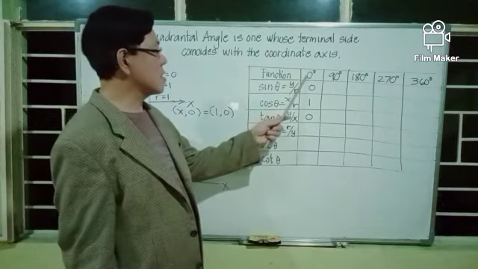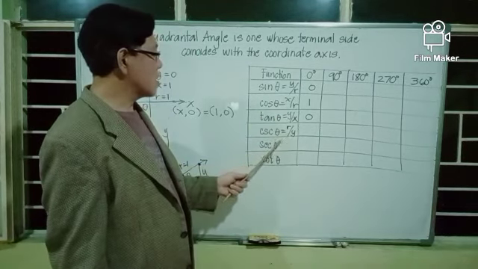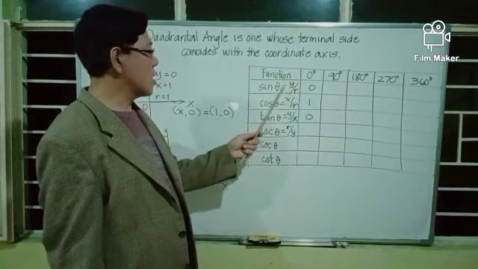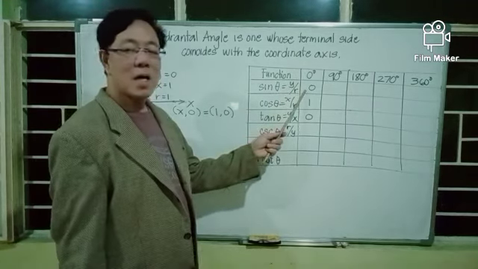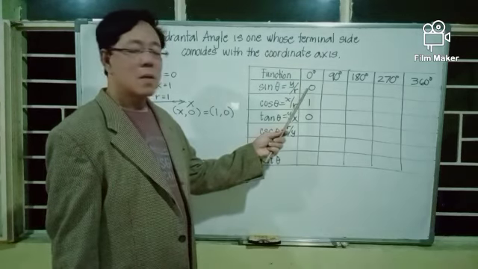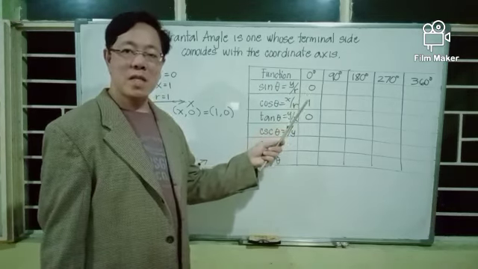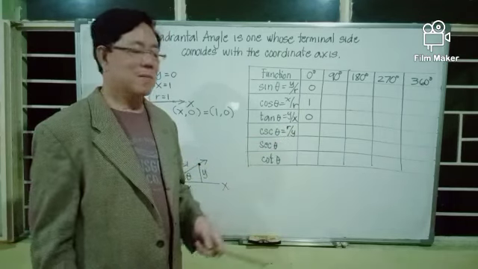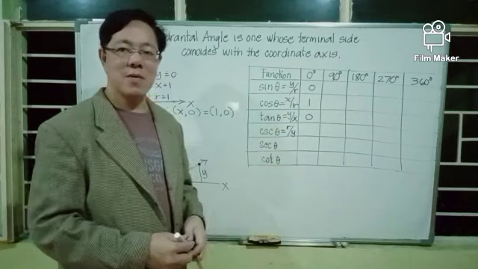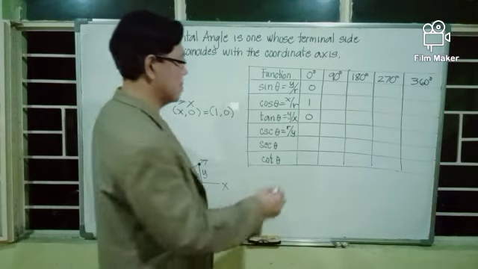For the 0-degree angle, the cosecant of 0 degrees is the reciprocal of sine 0, and the reciprocal of 0 is 1 over 0, which is undefined. Hence, the cosecant of 0 is undefined.